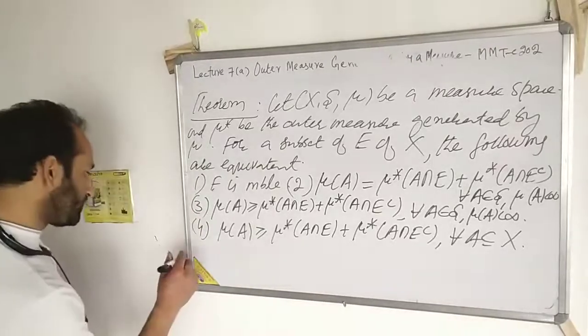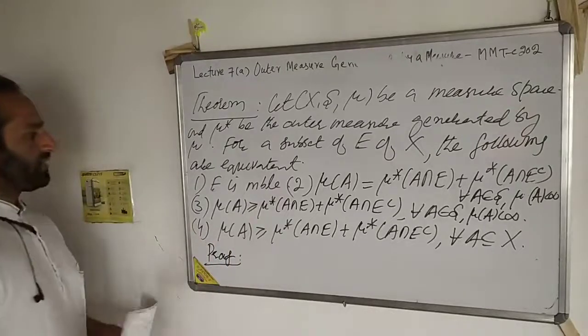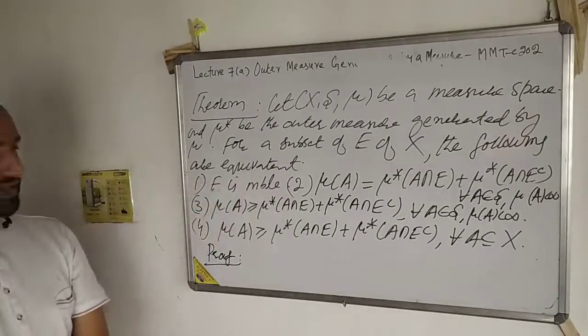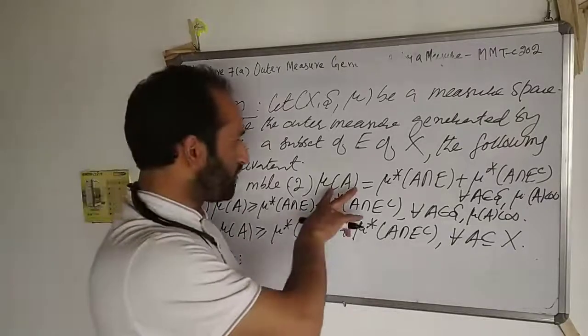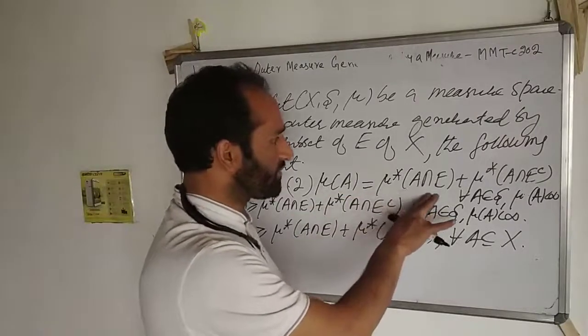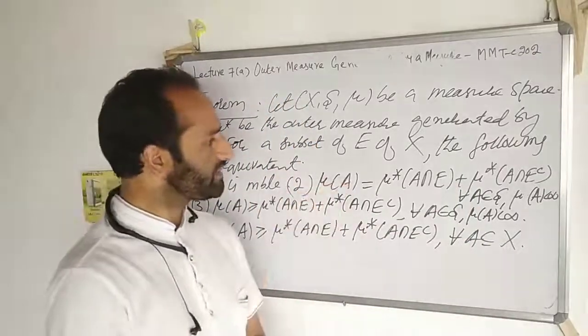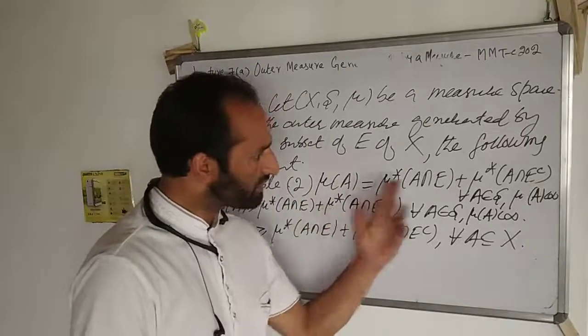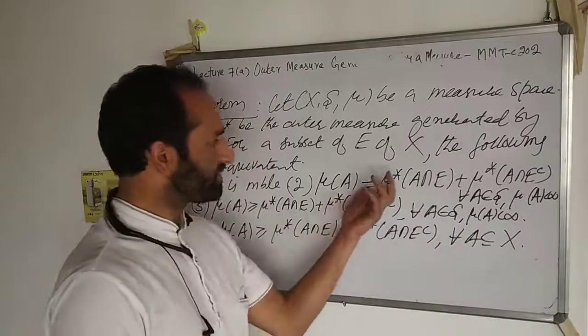So let's prove this theorem. First implies second is trivial because if E is measurable, then mu of A is equal to mu star of A intersection E plus mu star of A intersection E complement for every subset A of X. In particular, it's true for those subsets of X which are members of S. So this equality trivially holds.